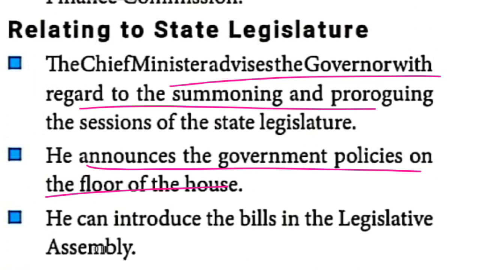In the last class I told you that a bill becomes a law only after the governor's signature. Who has the power to introduce the bill? The chief minister has the power to introduce the bill in the legislative assembly.